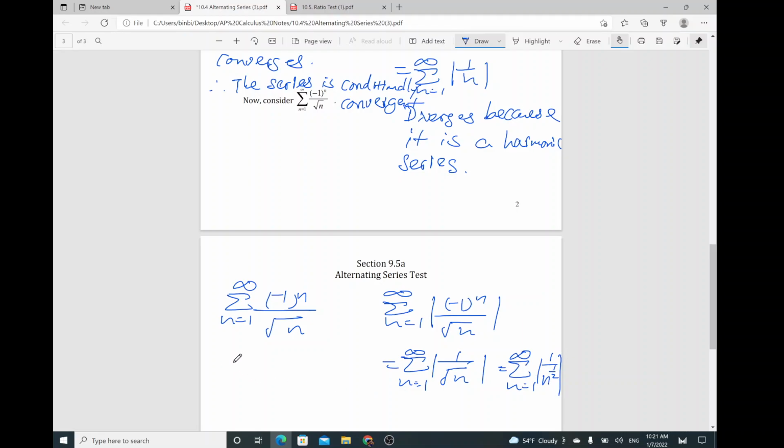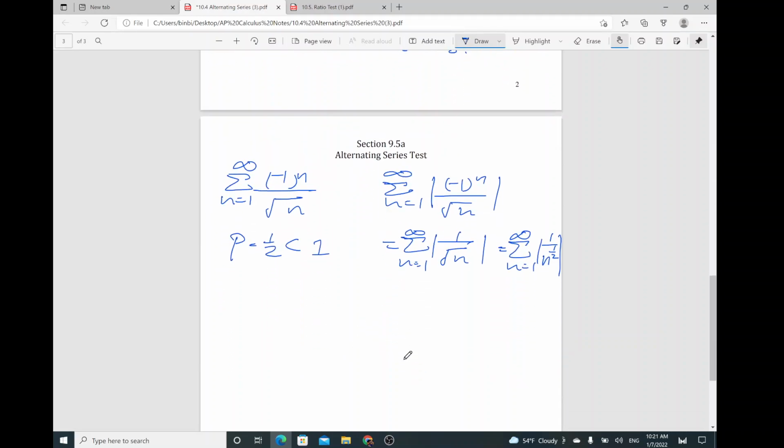You may notice that p is 1/2, which is less than 1. That means the series sum from n equals 1 to infinity of the absolute value of (-1) to the power of n over root n diverges, because that's a p-series.